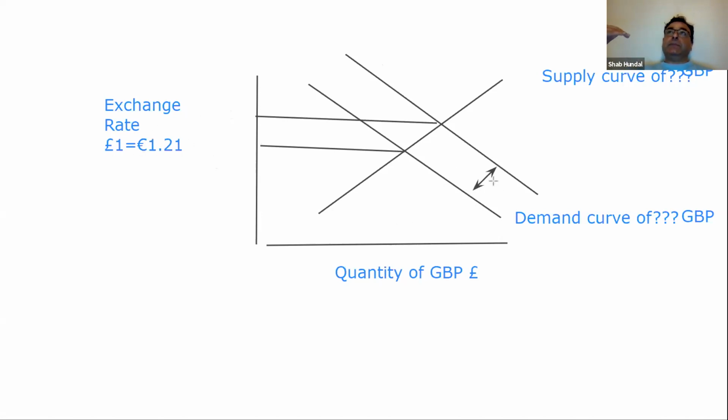So whenever you see that some currency has become expensive, it could be that the demand has gone up or the supply has gone down. So there are many possibilities. So it could also happen that the pound has become expensive because the supply of pound has gone down, shrunk.